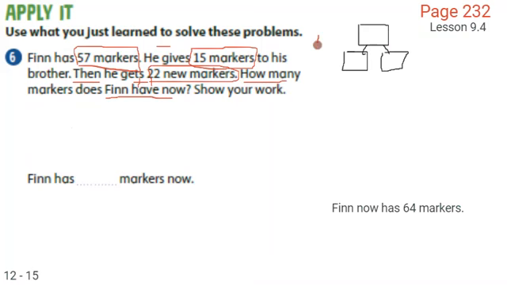So for the first step, this is step number 1, he has a total of 57 markers. So I'm going to put 57 up here. And then he gives 15 markers to his brother, so that's going to be a part. We're trying to find this part right here. Let's take a look. So, standard algorithm is for step number 1. So I have 57.